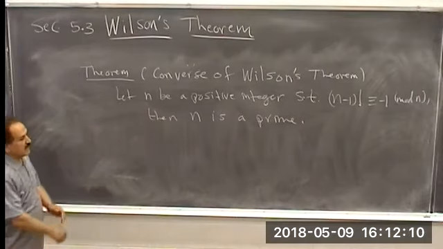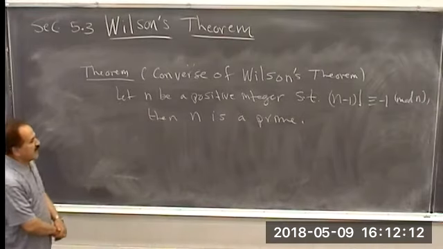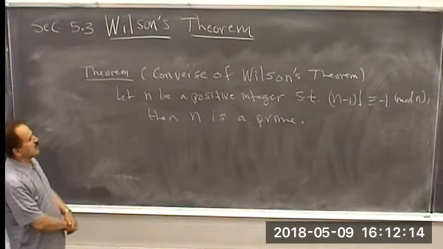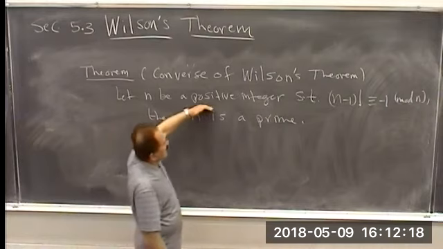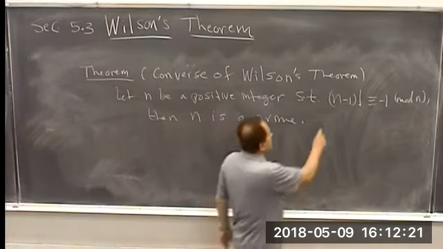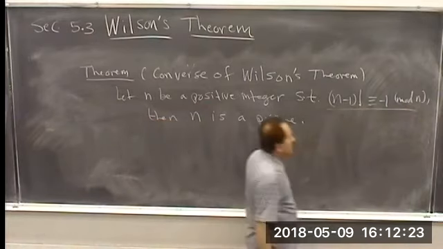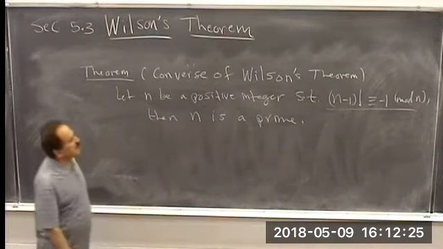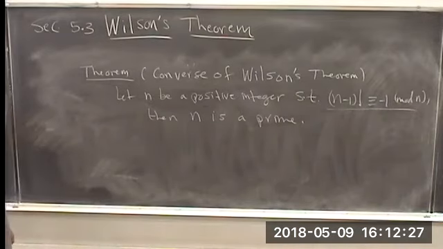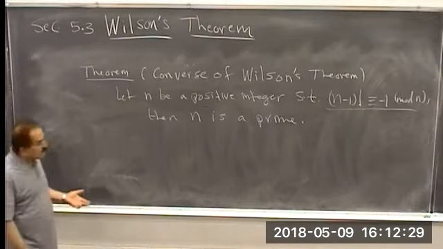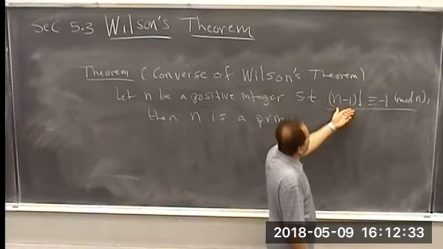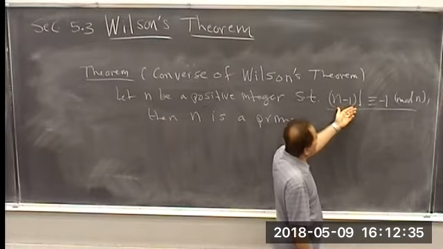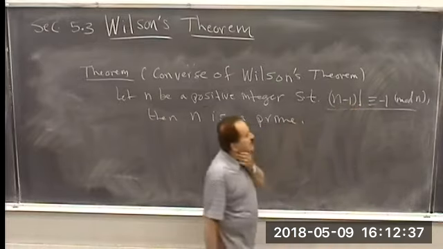It would be a very nice theorem if we could use it to show that a certain integer satisfies this condition. Now you can imagine if you take n equal to, say, 7, you need to calculate 7 factorial and check this congruence.